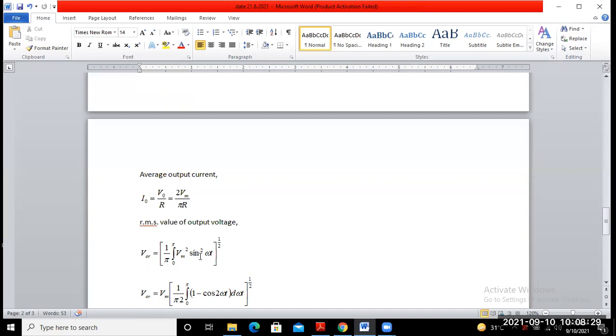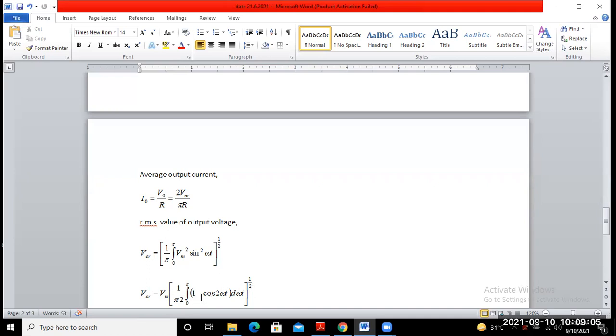We are not able to integrate sine square omega t directly, so we convert it into cosine form: sine square omega t equals 1 minus cos 2 omega t divided by 2. Taking the 2 outside, we have the integral from 0 to pi of 1 minus cos 2 omega t d omega t, whole to the power 1 by 2.